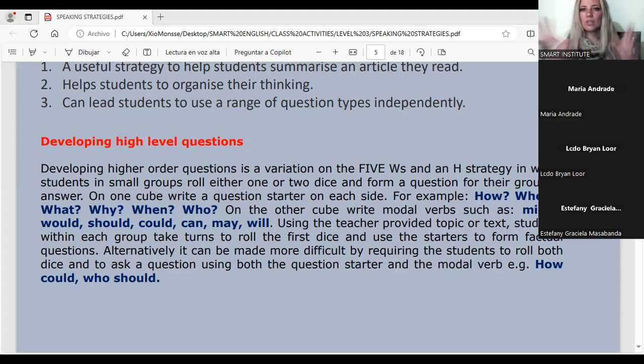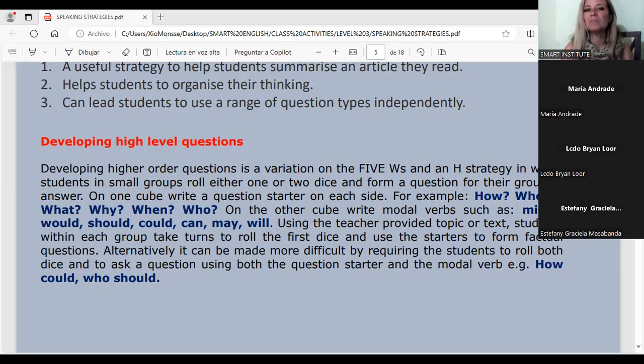It's easy. You can bring a big die to your class, right? And paste the questions: what, why, when, who. And according to the unit that you are teaching, you have them ask the question.